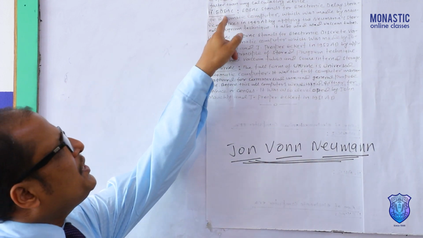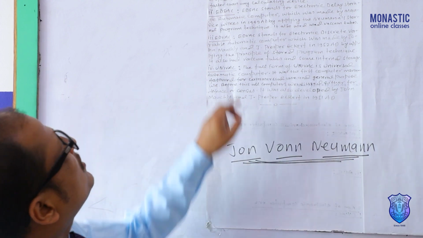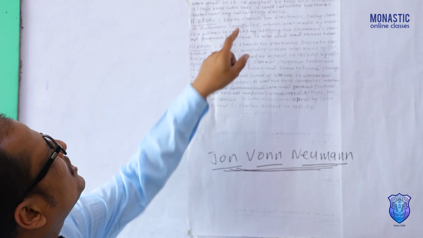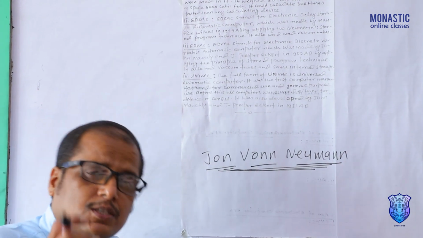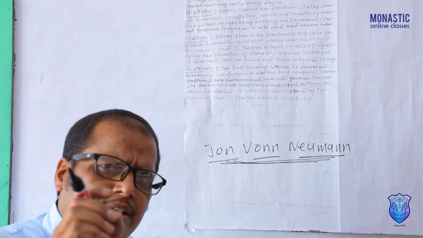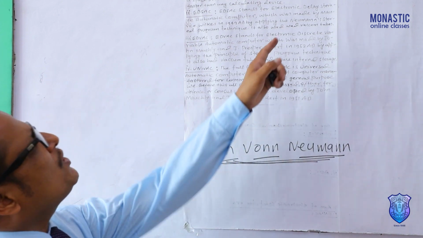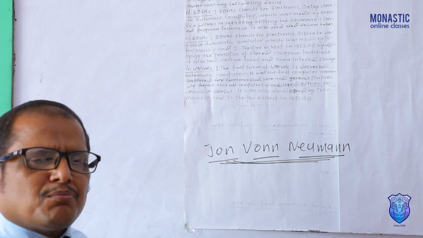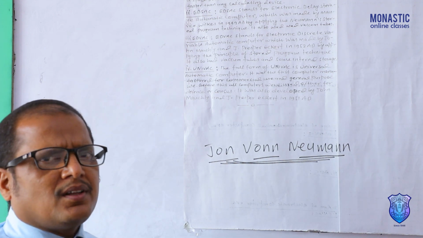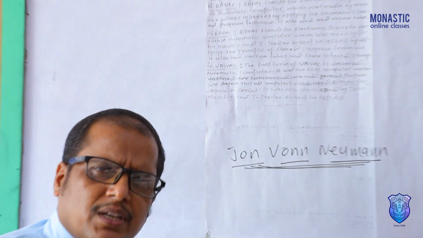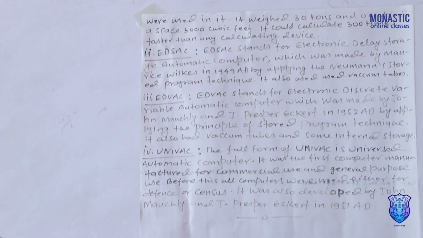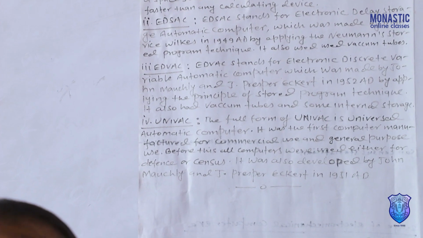Next one is EDSAC. The full form of EDSAC is Electronic Delay Storage Automatic Computer. This was developed by a developer named Maurice Wilkes in 1949 by applying the principle of John von Neumann, that is, by applying the stored program technique.